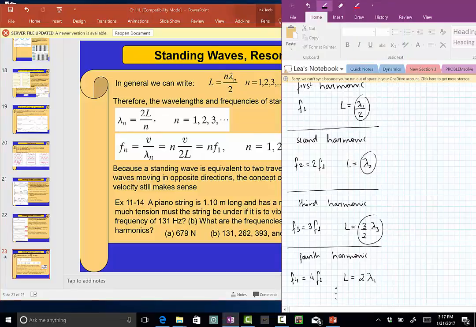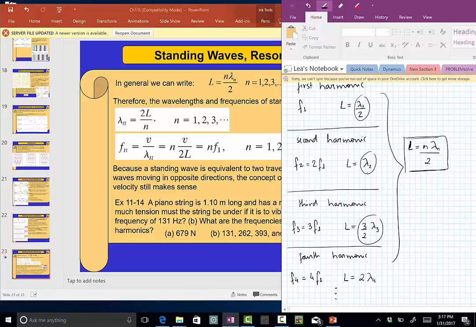Look, 1/2, 2/2, 3/2, 4/2. So we conclude that the length of my rope is equal to n times the wavelength of that harmonic n divided by 2.